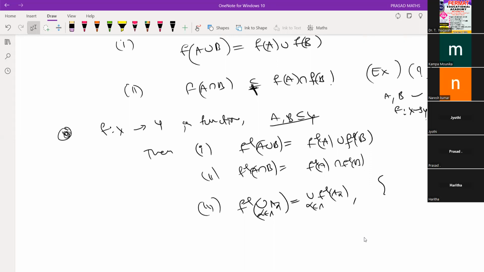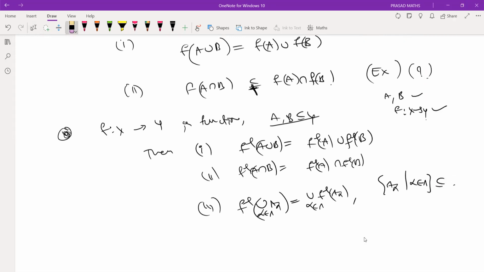The inverse image of a union is nothing but the union of inverse images. You take any B alpha which is a subset of the codomain. This is true for any collection. If you find the notation a problem, take B alpha, since B denotes the codomain. So what is that? The union of inverse images of B alpha.